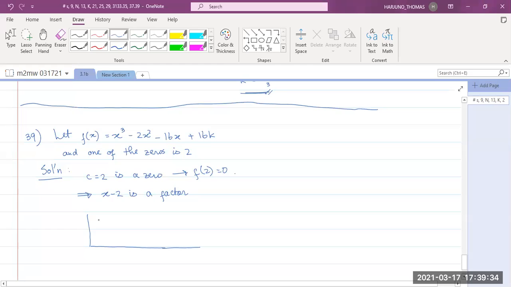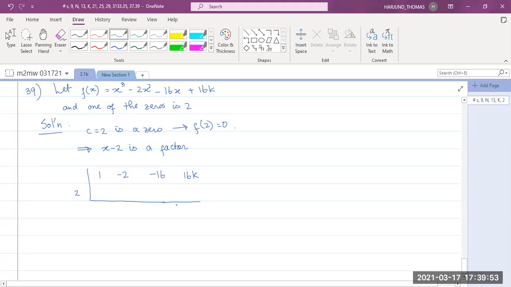Synthetic division: 1, x cubed minus 2x squared minus 16x plus 16k. Because 2 is a zero, when I divide by x minus 2, the output should be 0.